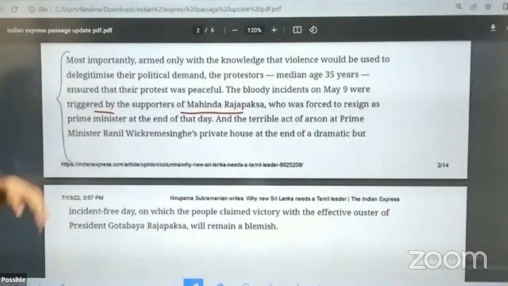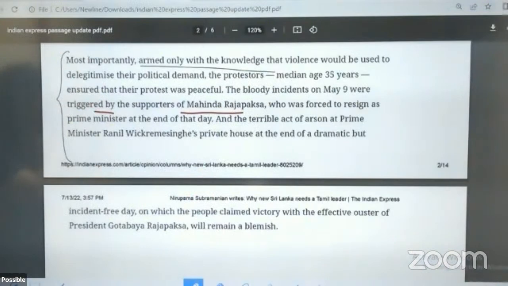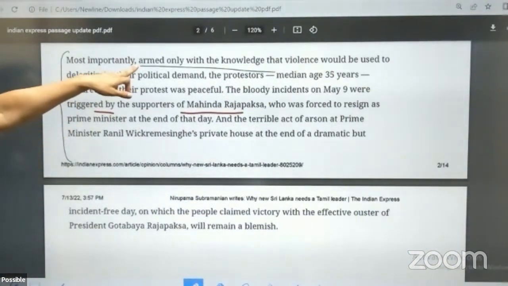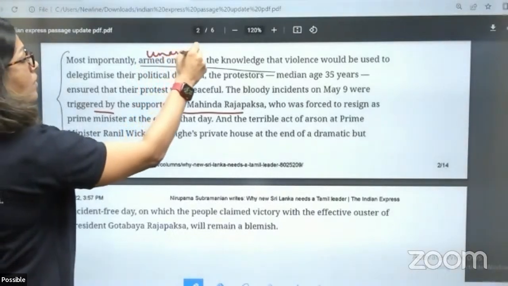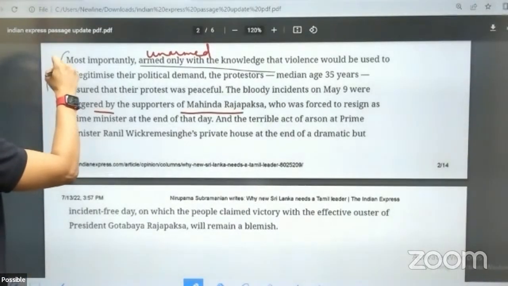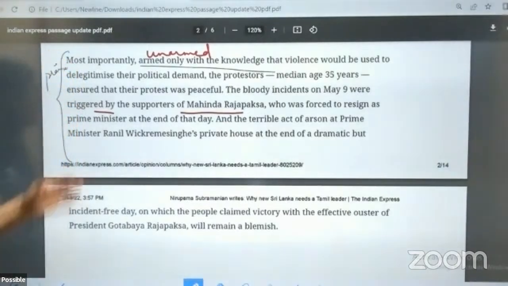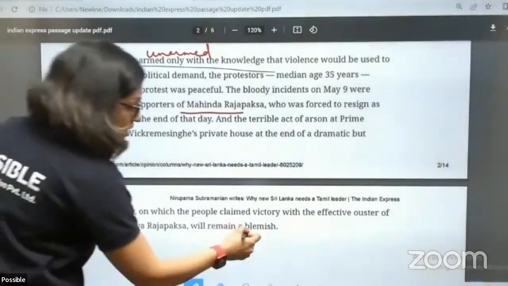Right? It says that they were armed only with the knowledge that violence would be used to delegitimize. So this means that the group was unarmed. I hope you understood this. This means that the group was unarmed. And here also the author continues to praise these efforts of the people. However, brings out some dark blemishes.